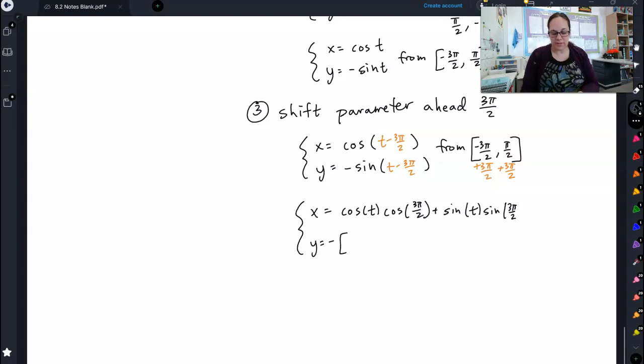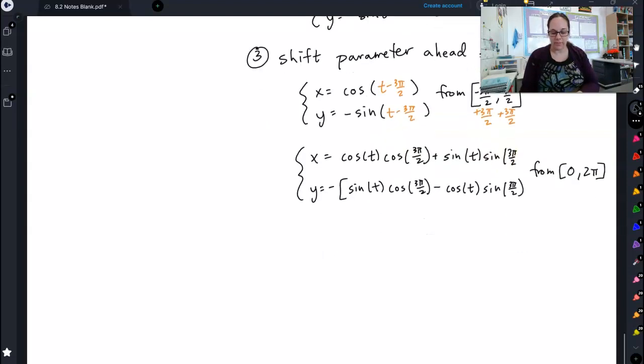And then same thing with sine. Sine can't change signs. There's our addition and subtraction identities. And this is now going to be from 0 to 2 pi when I add that in.